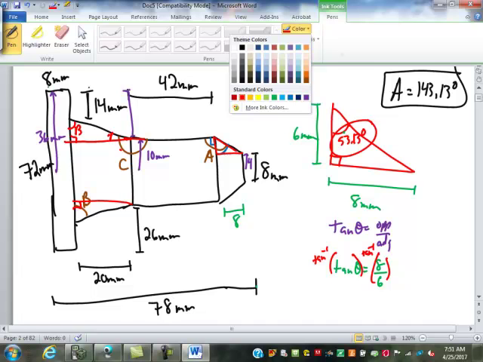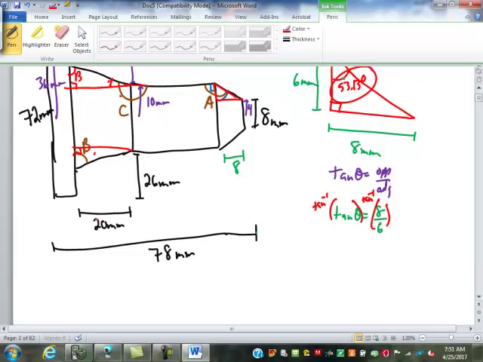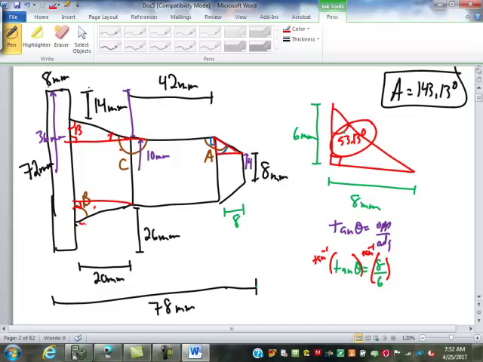So let's find angle B. I'm going to use this triangle right here. Here's angle B, here's my right angle. I know this side here is 20, and this is 14 here, right? So 26 minus 14 makes 12.